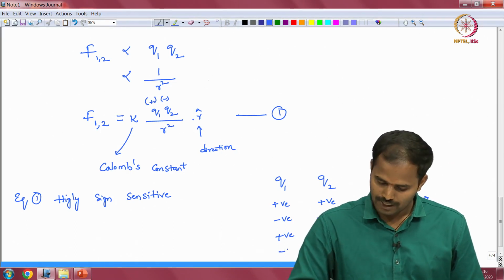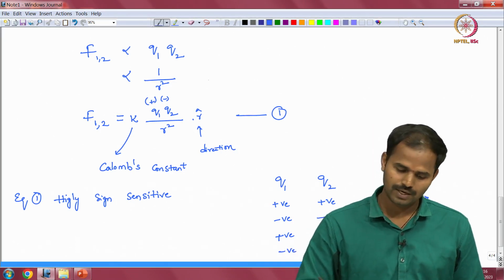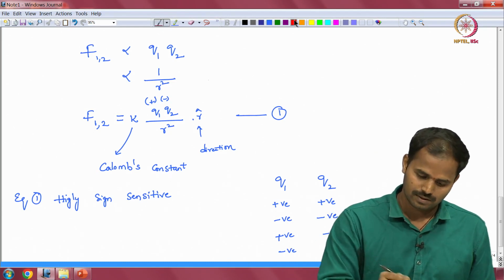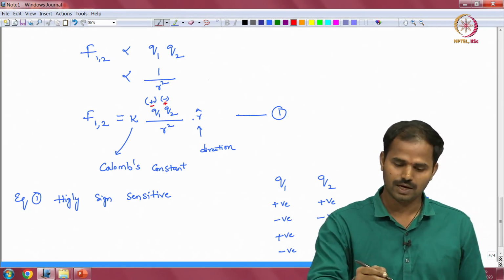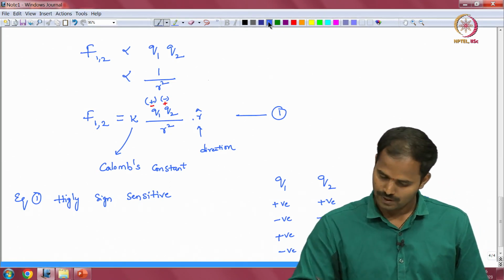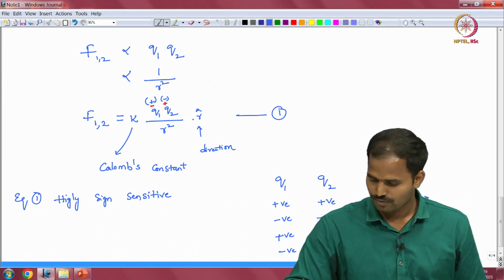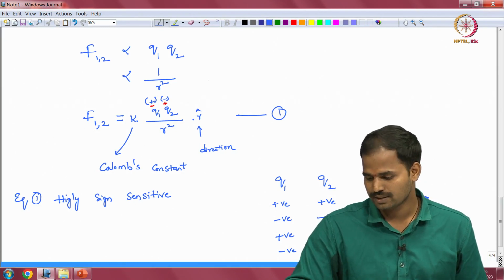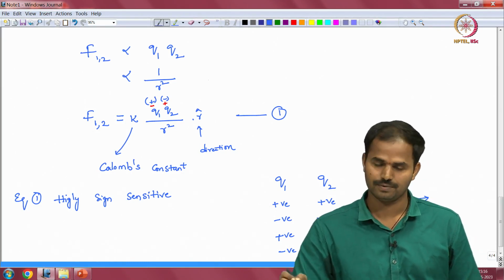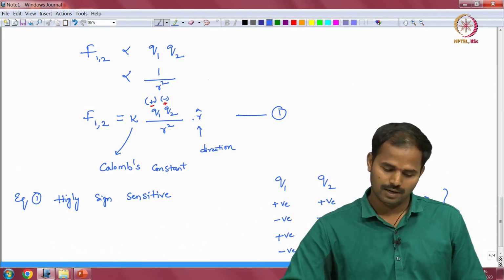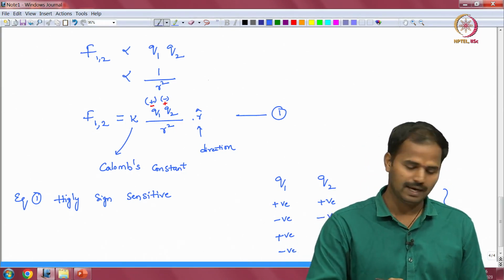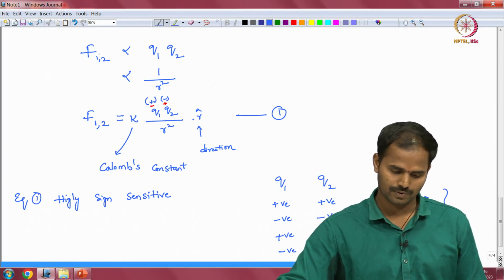And similarly, if I consider q1 negative and q2 positively charged, then the force is again in the reverse direction, and we can see here. Because of this analysis, the force equation is highly sign sensitive.